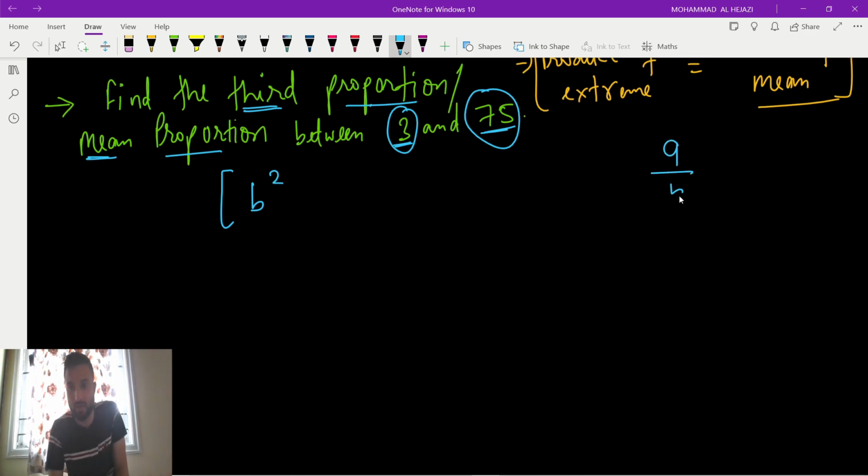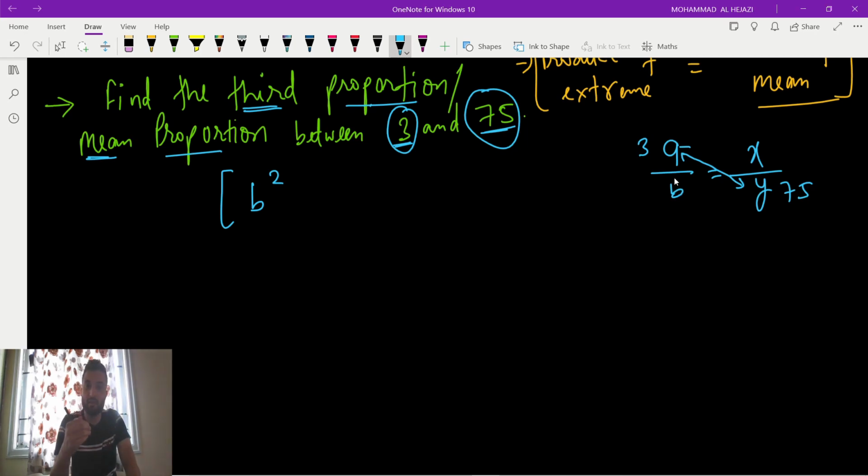We know that A by B equals X by Y. These two numbers are 3 and 75. This is 3, this is 75. These two numbers are the extremes. So you have to find the third proportion, meaning this B, or the mean proportion.